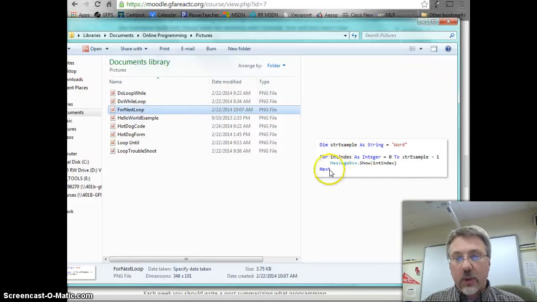By the way, I did get one question that said, doesn't this after next have to say next int index? And that's a good question. It does not. If you just say next, it's going to know that you mean int index. Now I think all the examples and documentation showed that, and it's a good practice to type that there.